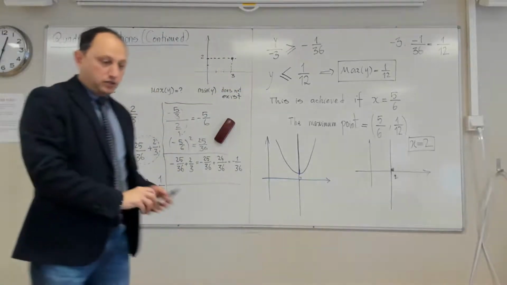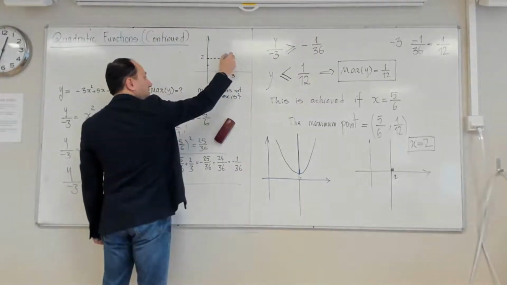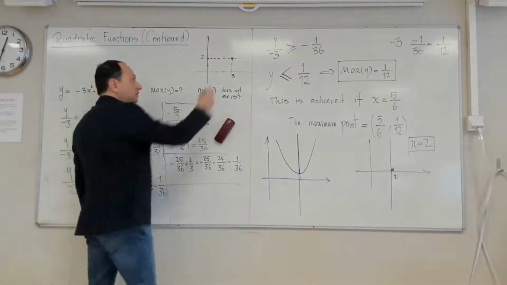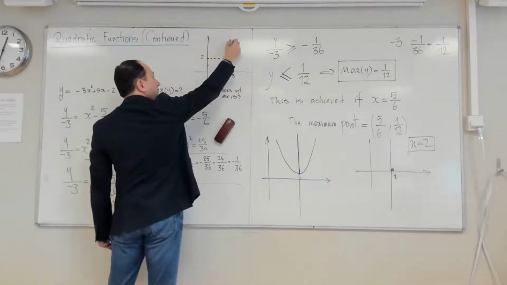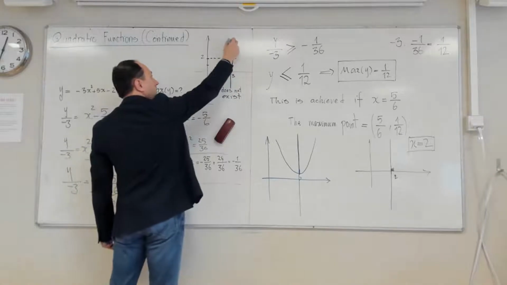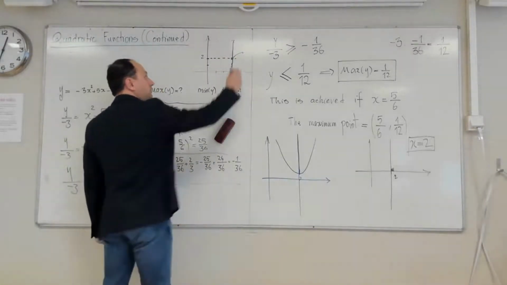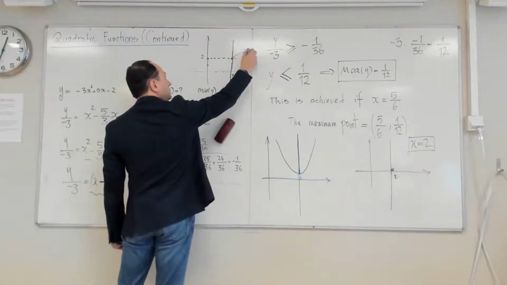And then I draw a vertical line that passes through this point. So this is my vertical line. If I ask you what are the coordinates of this point, you would say 3 and 2.